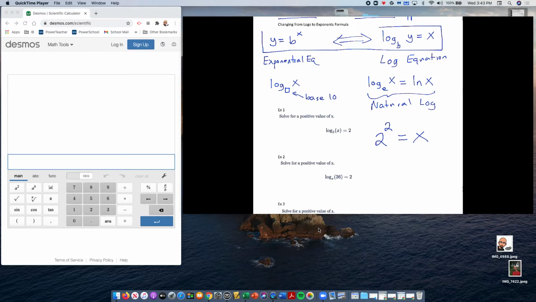I'm going from the log equation to the exponential equation. So right now I'm working in this direction, taking a log equation and turning it into an exponential equation. In this case, x must be 4, and that's what it is.